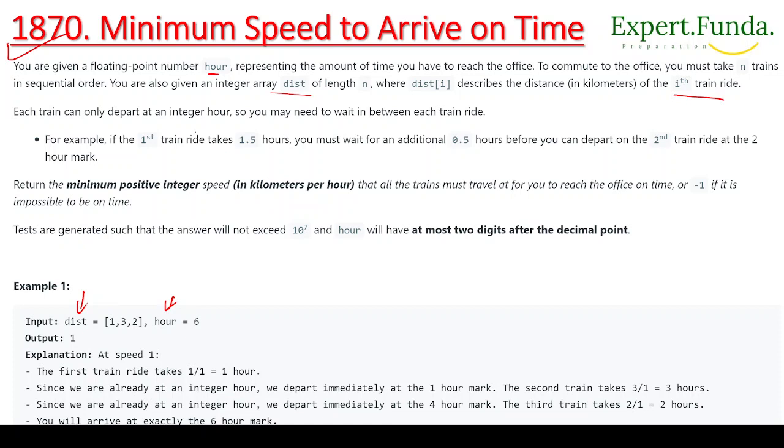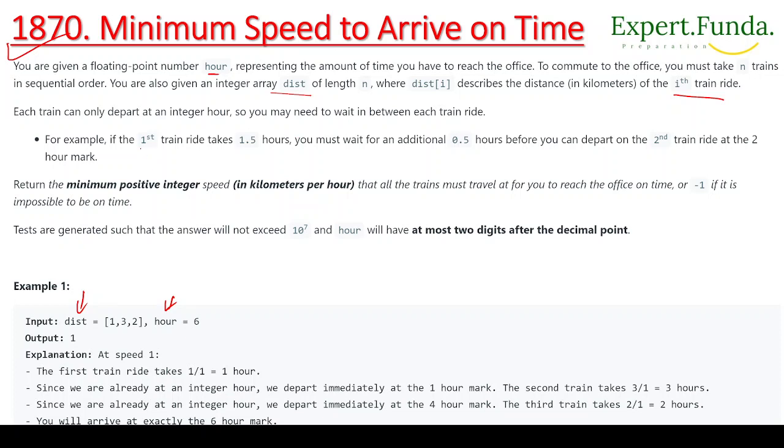Each train can only depart at an integer hour, so you may need to wait between train rides. For example, if the first train takes 1.5 hours, you must wait an additional 0.5 hours before you can depart on the second train ride, at the 2 hour mark.